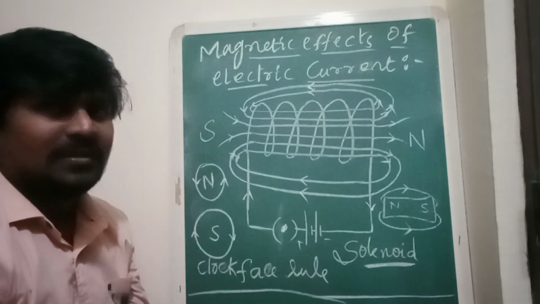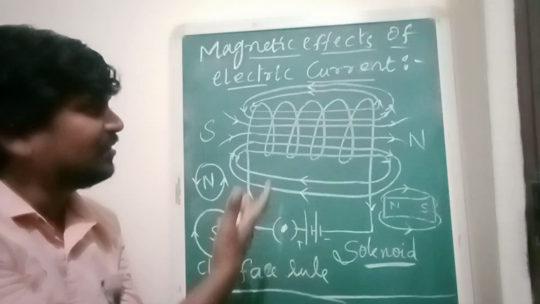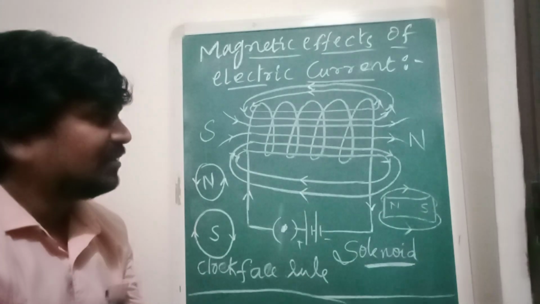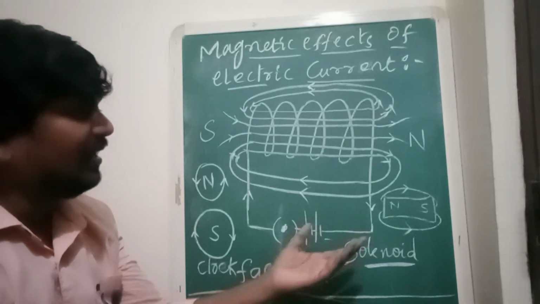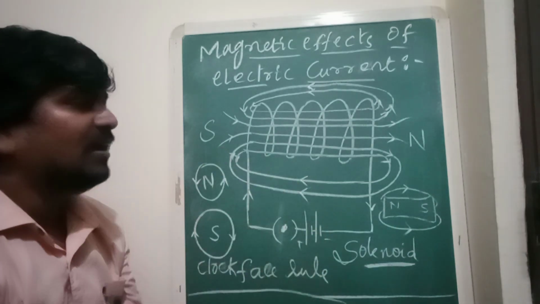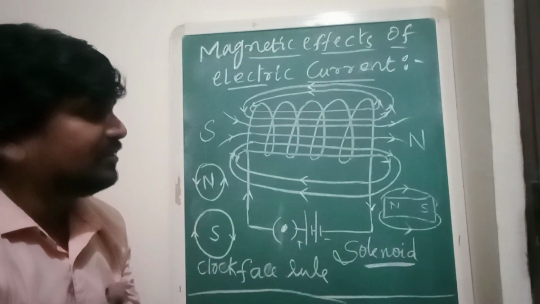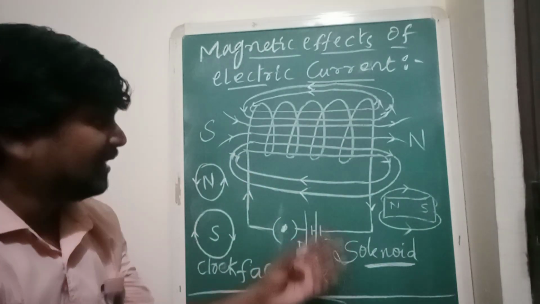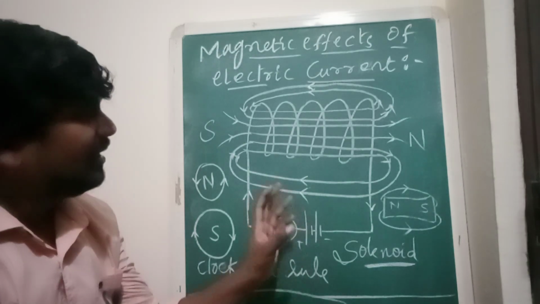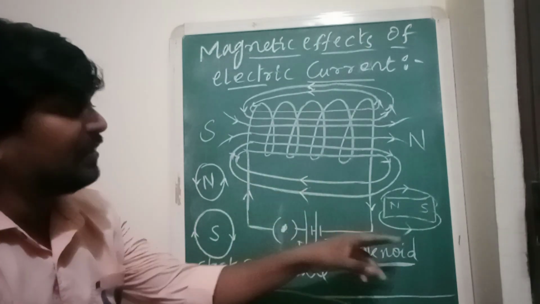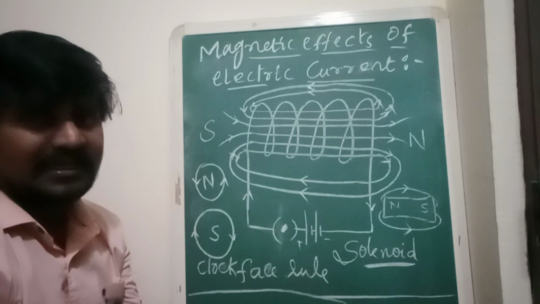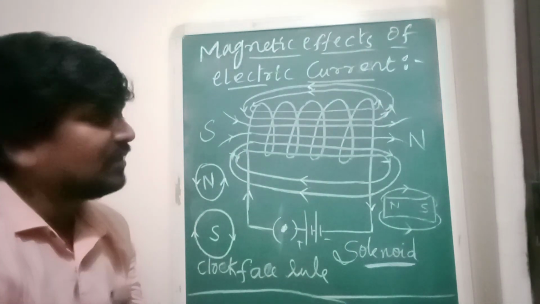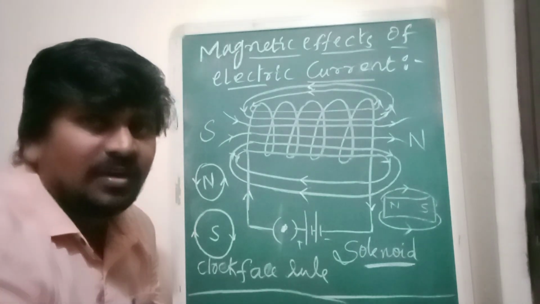If you change those factors, the magnetic field also changes. So the magnetic field is fixed here, changeable there. Poles are fixed here, changeable there. Strength can be increased in the solenoid, but not in the bar magnet. These are the comparisons between bar magnet and solenoid.